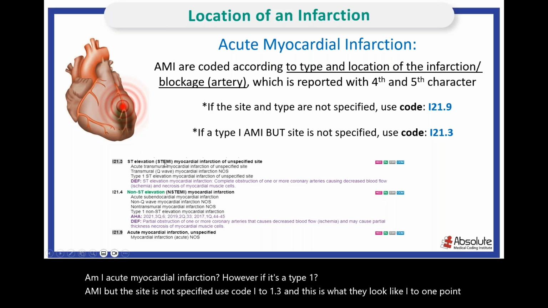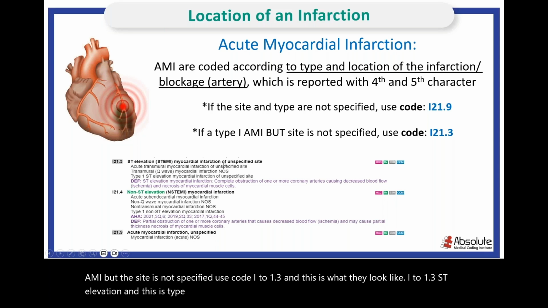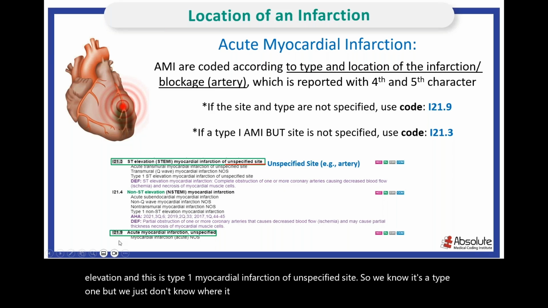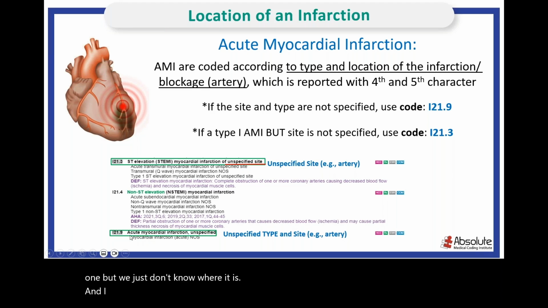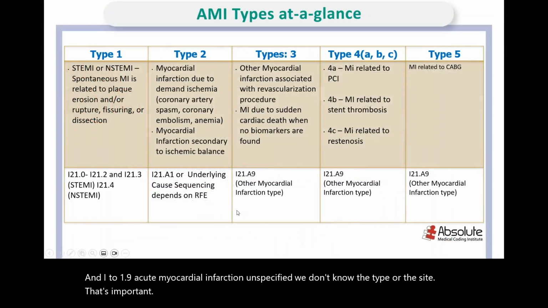I21.3, ST elevation, type 1, myocardial infarction of unspecified site. So we know it's a type 1, but we just don't know where it is. And I21.9, acute myocardial infarction unspecified. We don't know the type or the site. That's important. Now let's talk about the types.